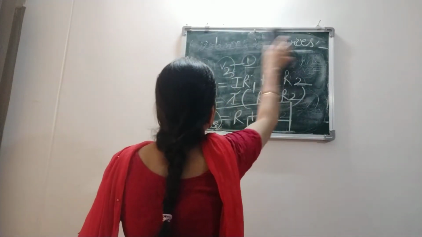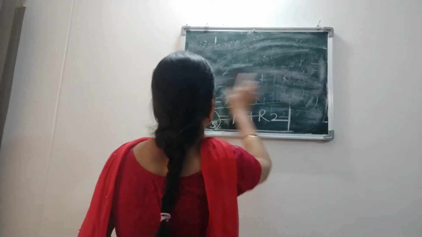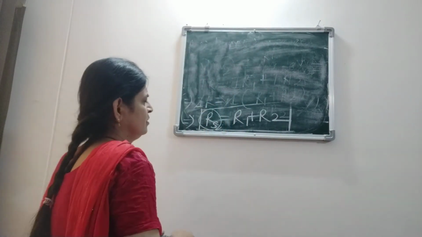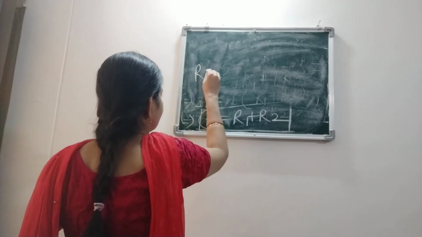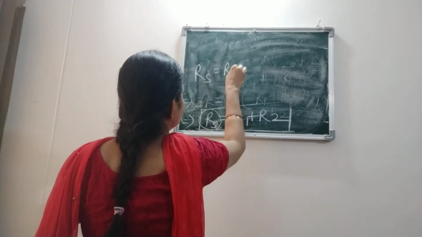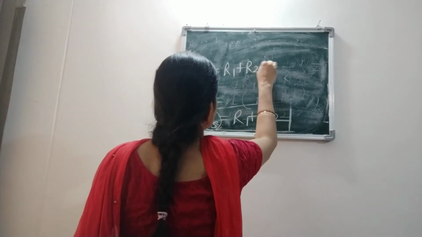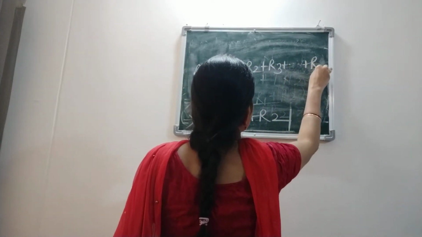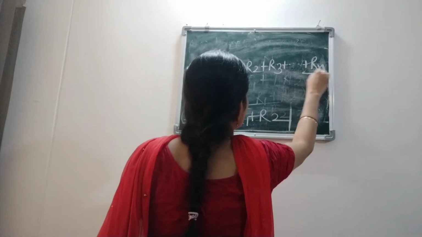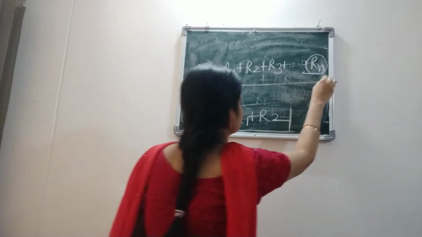So if we connect more than 2 resistors, the equation becomes RS is equal to R1 plus R2 plus R3 up to Rn, where n is the total number of resistors.